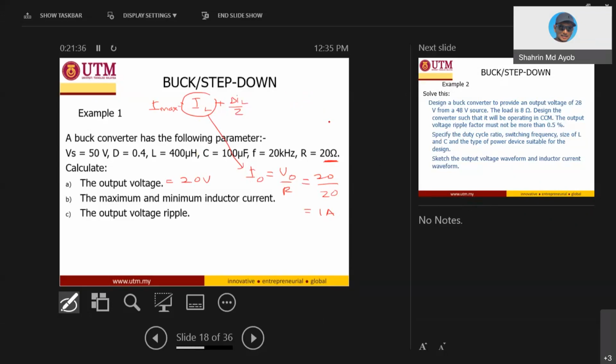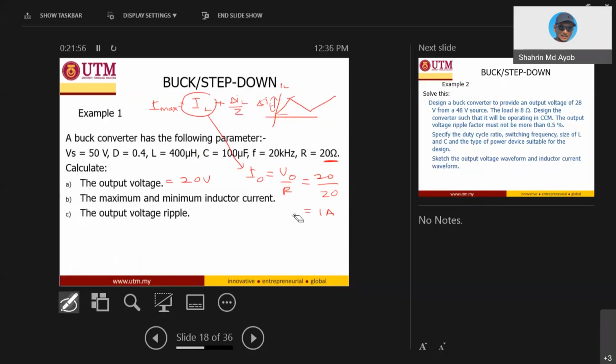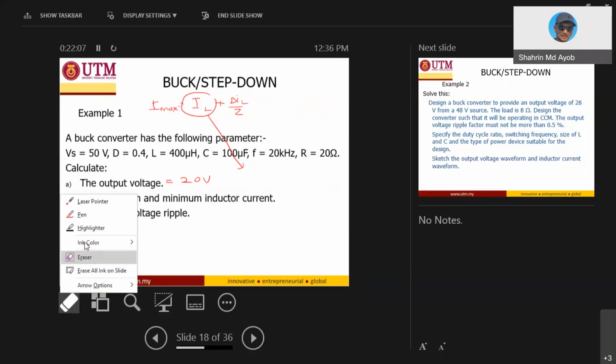So how to obtain delta IL? We know that delta IL is I max minus I min, right? But you need to know the equation, because from that you don't know how to solve it. So what is delta IL?